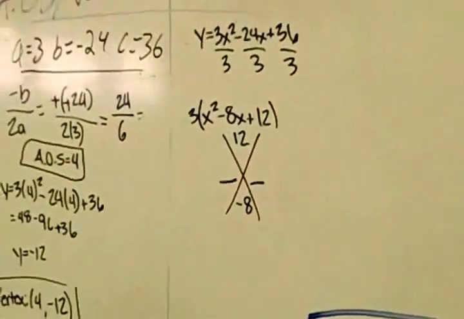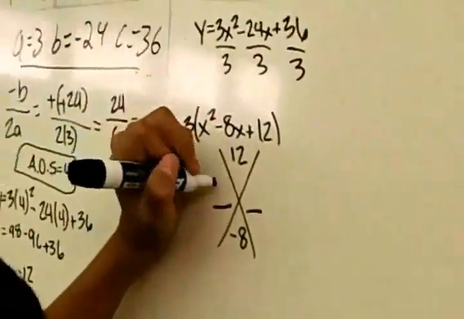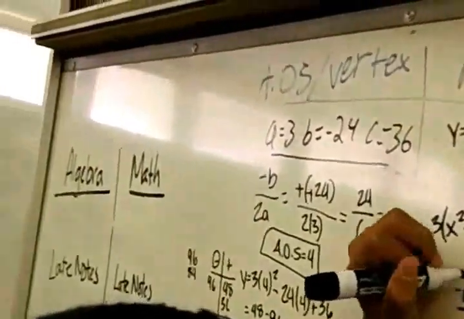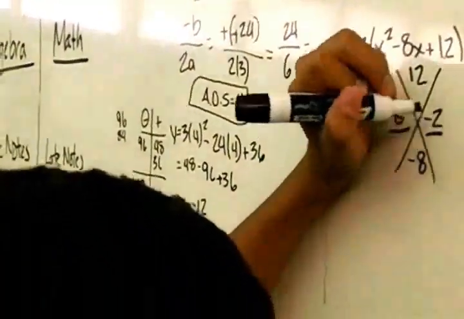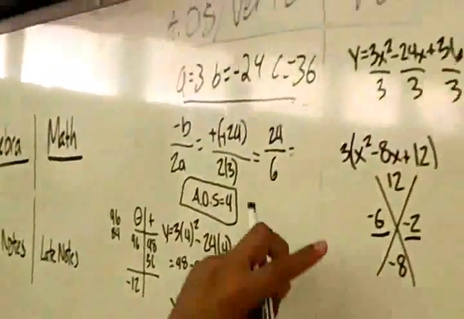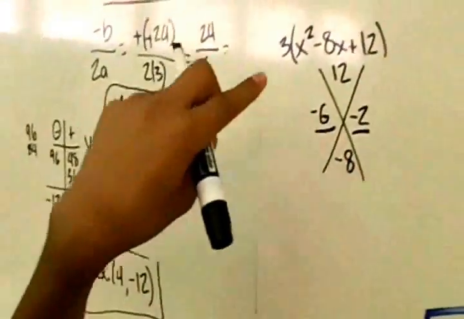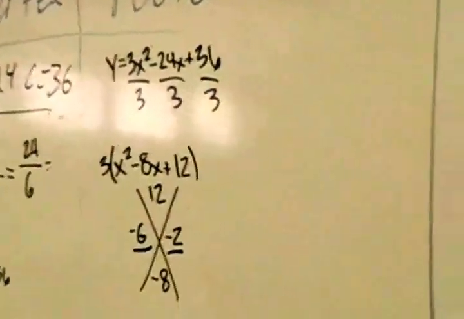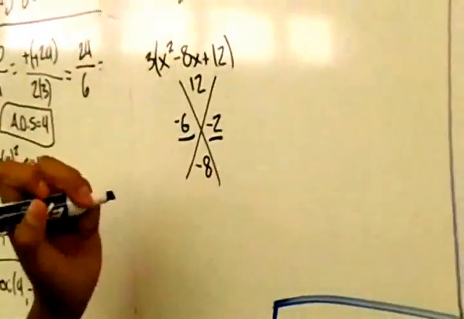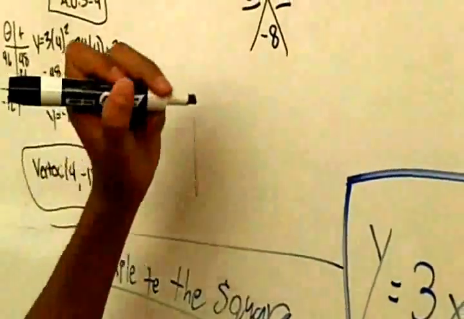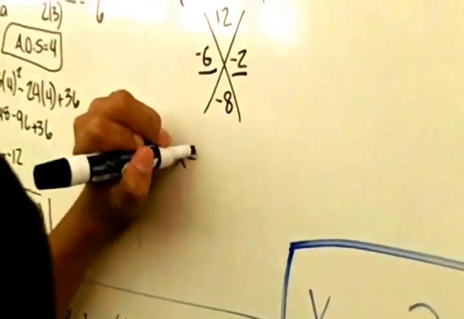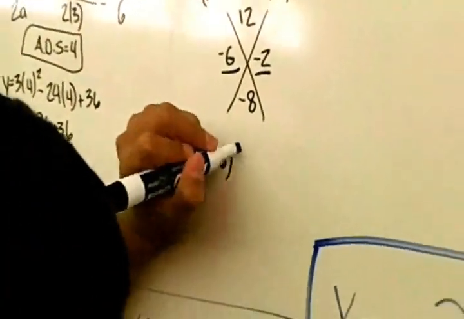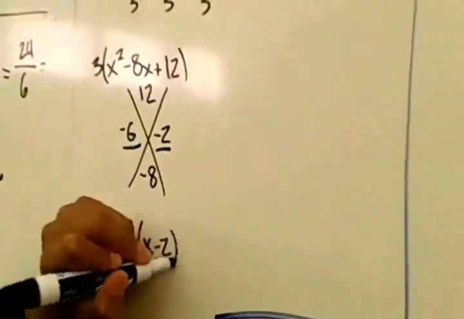So if you multiply negative 6 times negative 2, that gives you positive 12. And once you add up negative 6 and negative 2, it gives you negative 8. So it's going to be x minus 6 and then x minus 2.